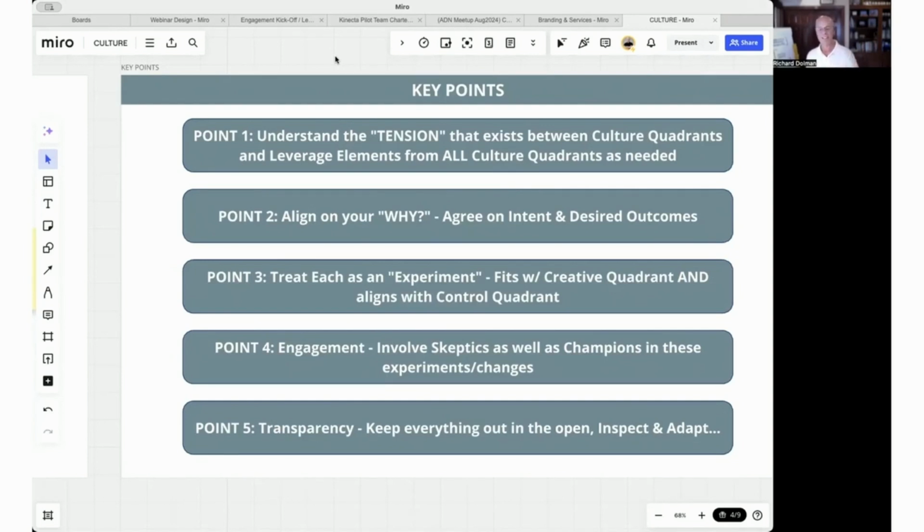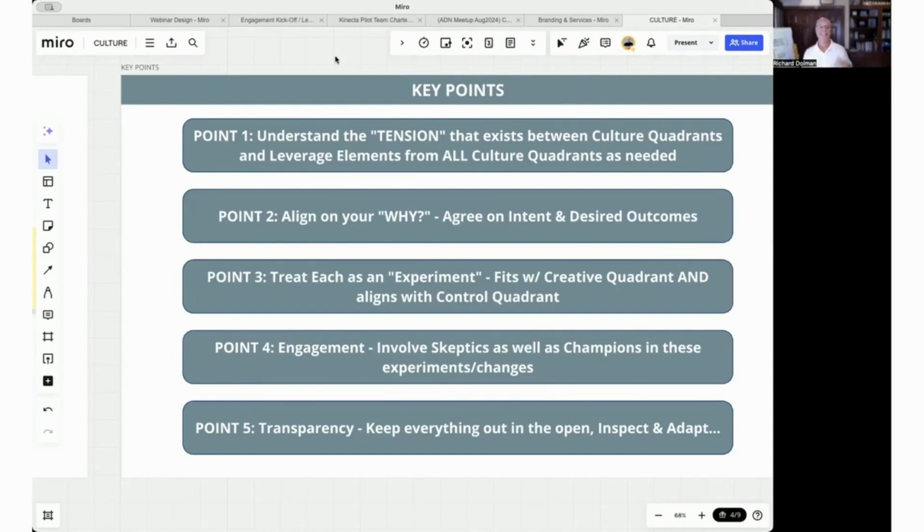If you bring discipline into your experimentation, you will be speaking the language of those people down in the control quadrant, because you're going to say, this is the time box we're going to use, these are the variables we're going to be focusing on, these are the constraints that we have, and at the end of this experiment, we'll have this data and we'll be able to make a decision. Again, you're speaking their language, but you've got to have that discipline.